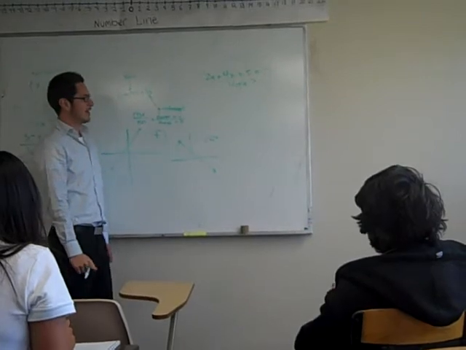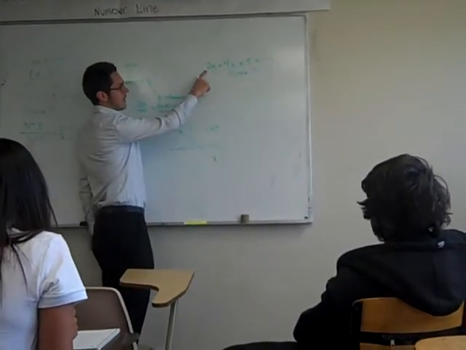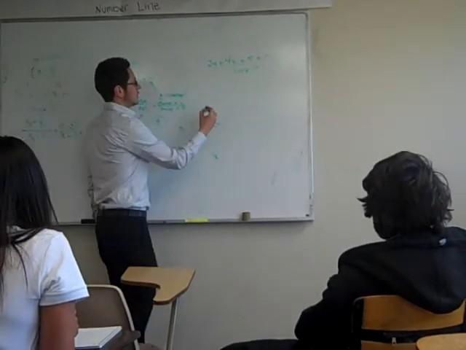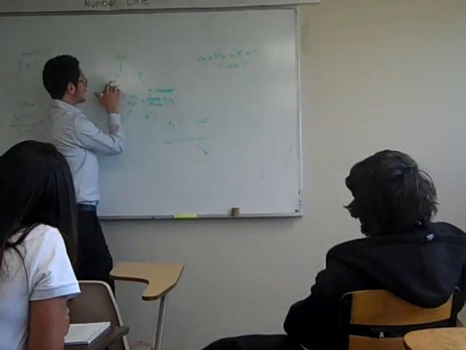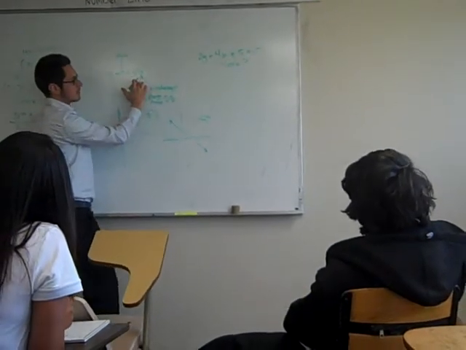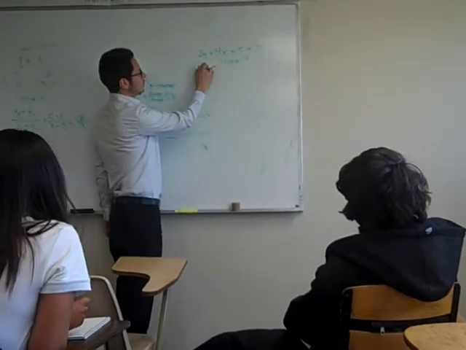Not necessarily, right? Because we don't have it in this format yet, we can't really get what the slope is. So we have to isolate y by itself so it reads y equals something else. Right now we have all of this stuff going on. How do we get y by itself?